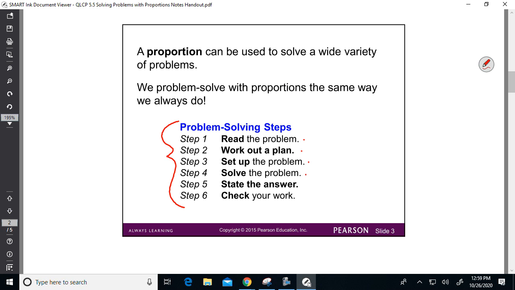Set up the problem, solve the problem, give the answer, check your work. So we're just now doing it in the case of a word problem. So that's what a lot of today is going to be. We're going to be looking at word problems, how to solve them. The setup for the problem, when it's given in this format, is basically the same. It's just knowing how to go about setting it up.